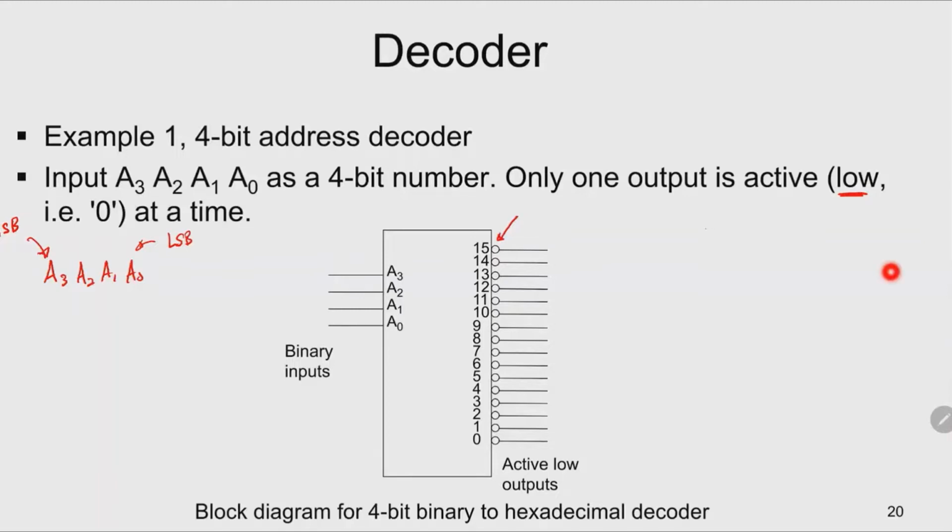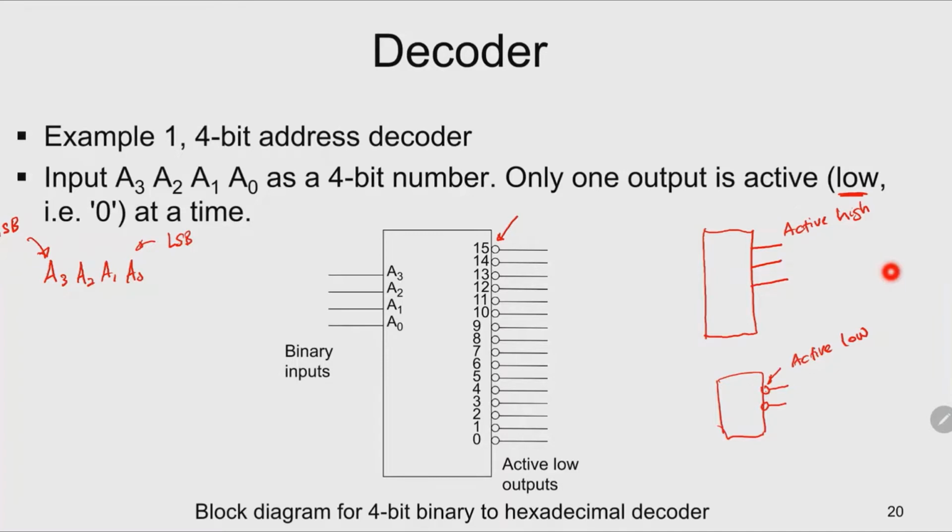So if you have a block diagram, if you just have a line like that, this is called active high. And if there is a bubble, active low.